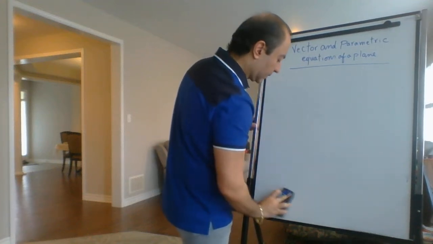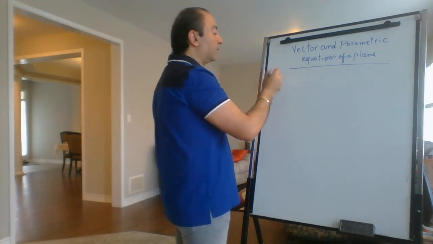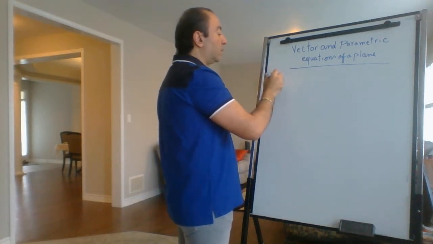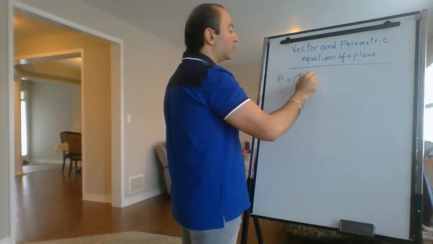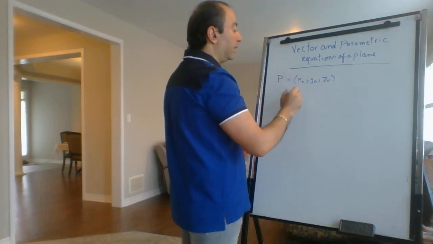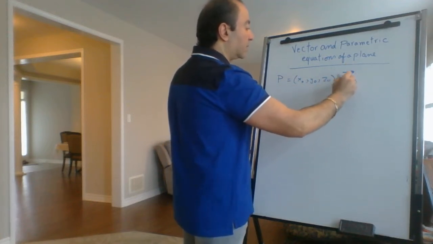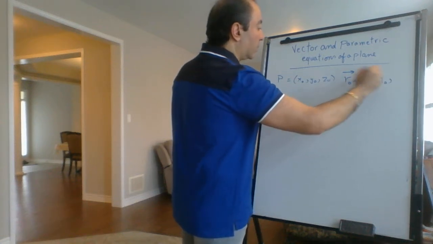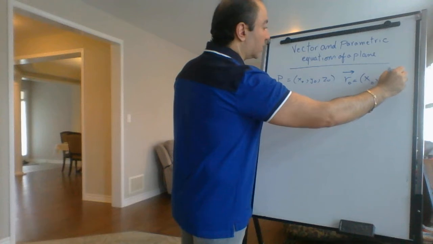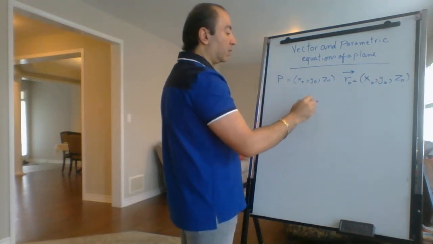So let's say that we have point P that has coordinates x sub 0, y sub 0, z sub 0, and accordingly the vector r sub 0 that connects the origin with this point is x sub 0, y sub 0, z sub 0. This is the line that connects the point.